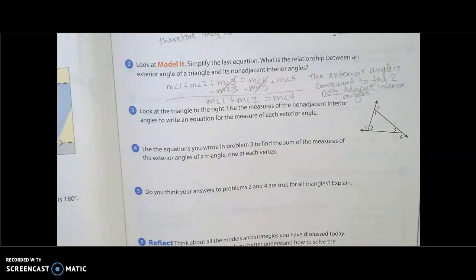That's the relationship. That my outside angle is going to be equal to the 2 inside angles that it is not touching, that it is not next to.